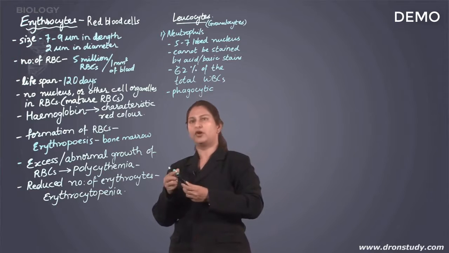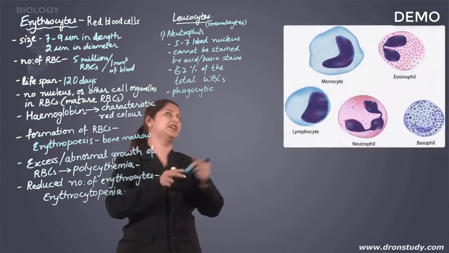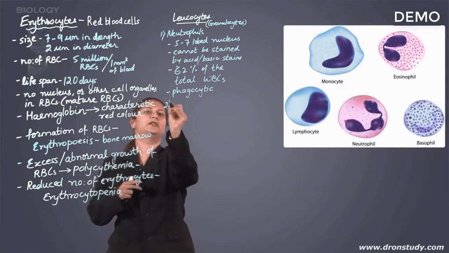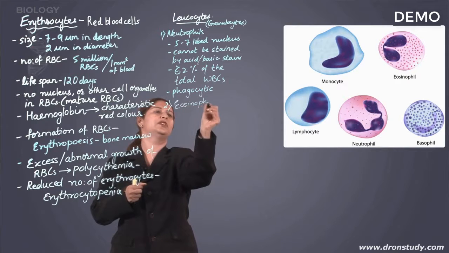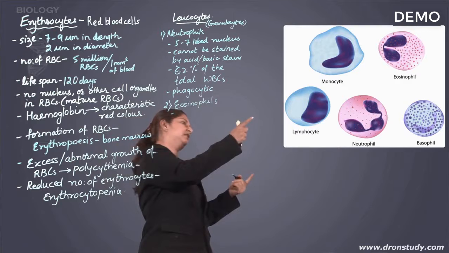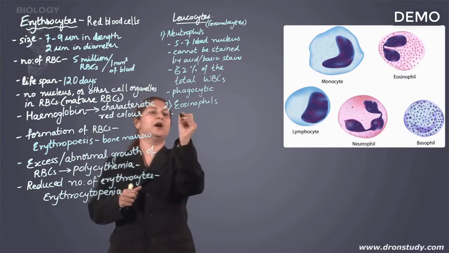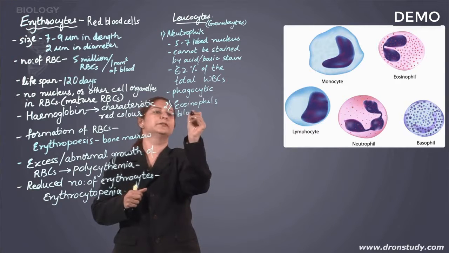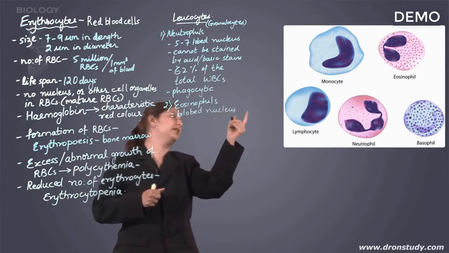Now, moving on to the next, we can see the next image here, that is the second one, eosinophils. Now eosinophils, look at the shape of the nucleus here, they are having a bilobed nucleus. Can you look at the image?